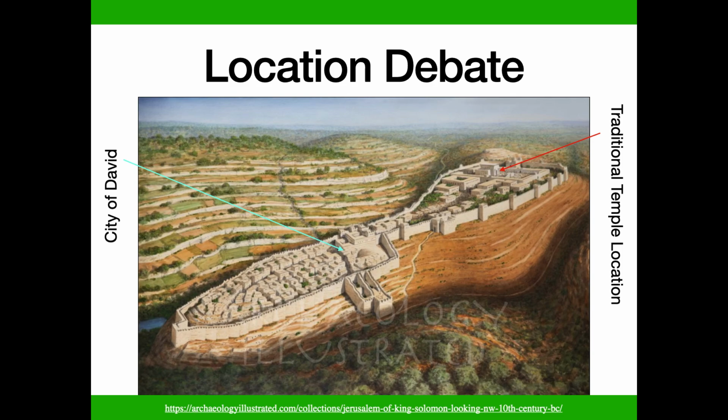The city of David is the original city that David built, little tiny up here, and then it expands northward and gets more gates and more fortification around it. But it's the city of David where this debate points that the temple was actually at. This is where the Gihon Spring is and Hezekiah's Tunnel, all that kind of stuff. Down here in the city of David, not the traditional Temple Mount location.